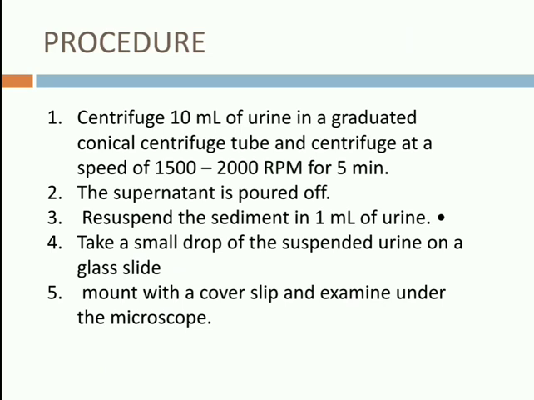Before observing the urine under the microscope, it must be centrifuged. Procedure of centrifugation: centrifuge 10 ml of urine in a graduated conical centrifuge tube at the speed of 1500 to 2000 rpm for 5 minutes.